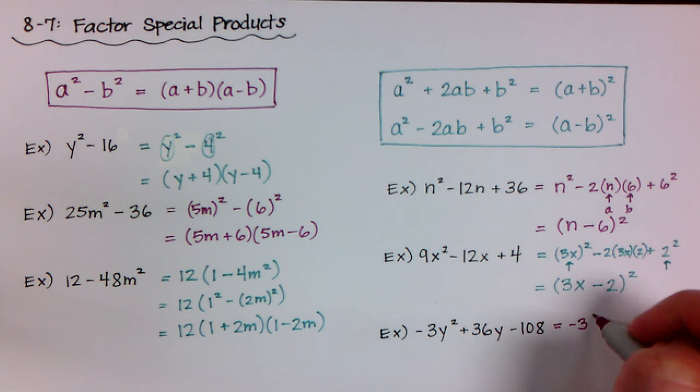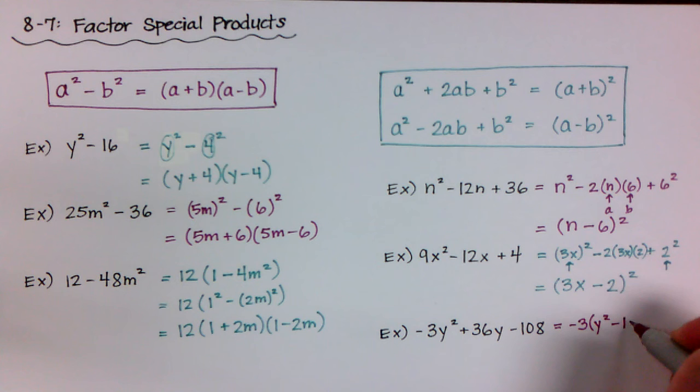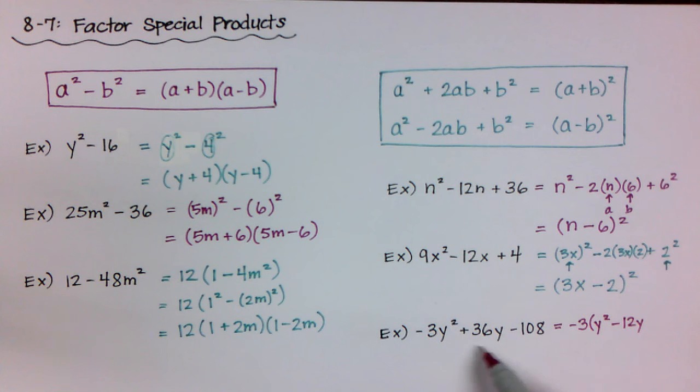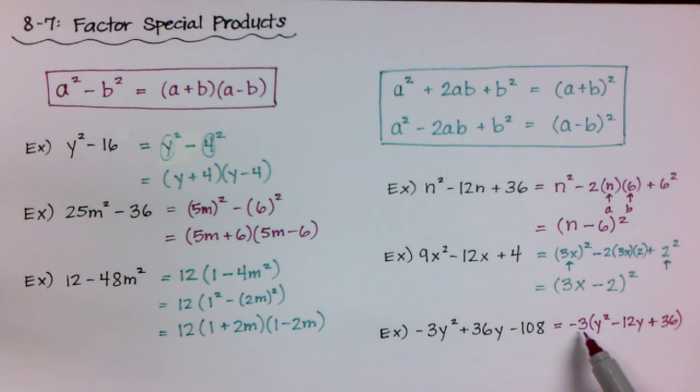When I do that, I'm left with y squared minus 12y, because negative 3 times negative 12y gives me positive 36y, and then plus 36, because negative 3 times positive 36 gives me negative 108.